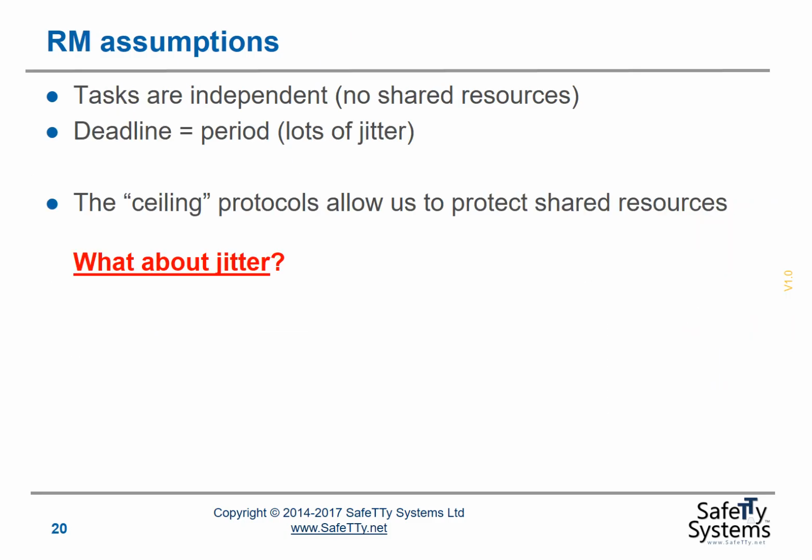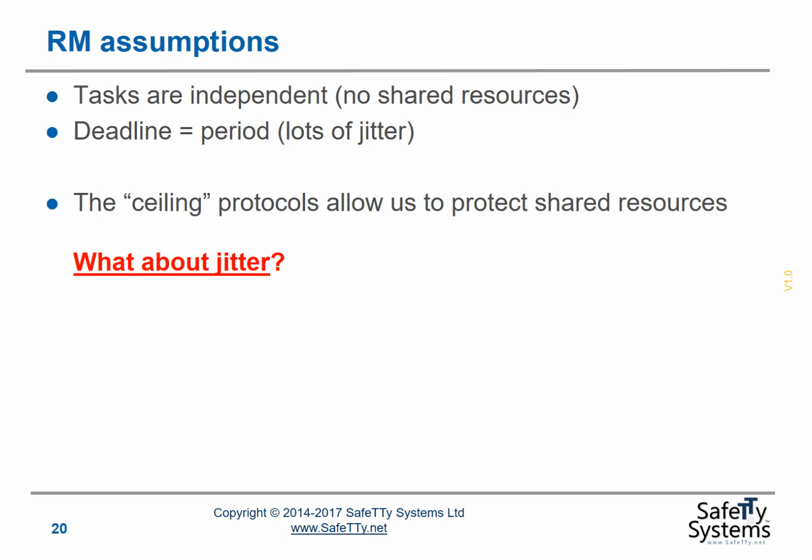So our RM assumptions are that the tasks are independent and have no shared resources. This is very rarely the case in practice, and in order to deal with this problem and to avoid priority inversion, we have to employ sealing protocols in our design, which further complicate our model.